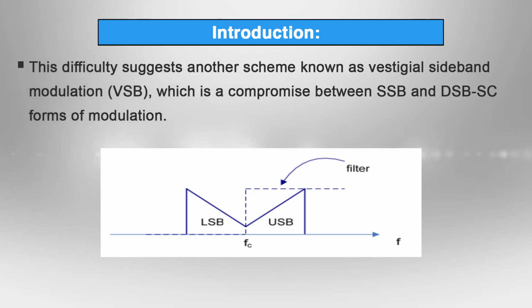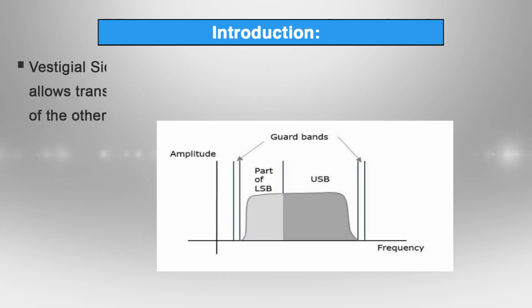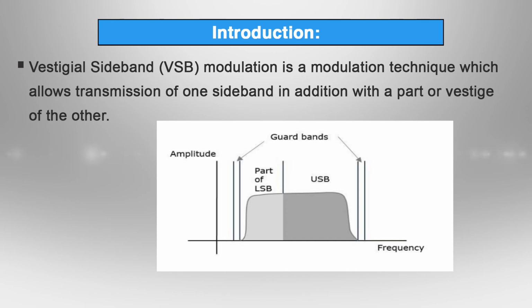This difficulty suggests another scheme known as vestigial sideband modulation, that is VSB, which is a compromise between SSB and DSB-SC forms of modulation. Vestigial sideband modulation is a modulation technique which allows transmission of one sideband in addition with a part or vestige of the other sideband.